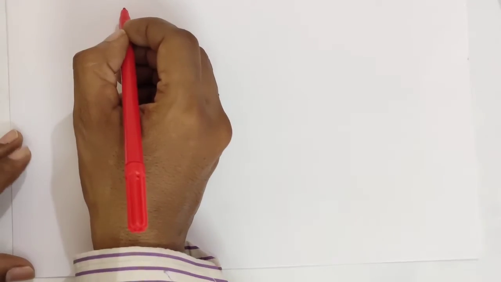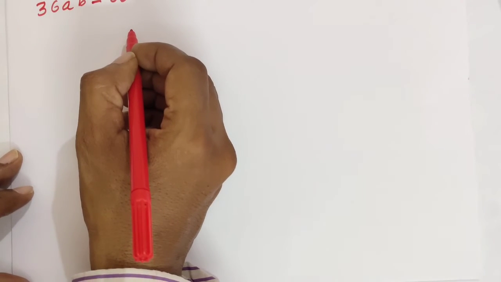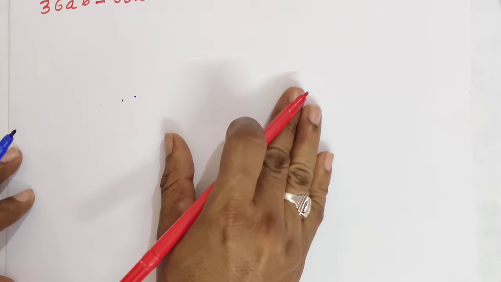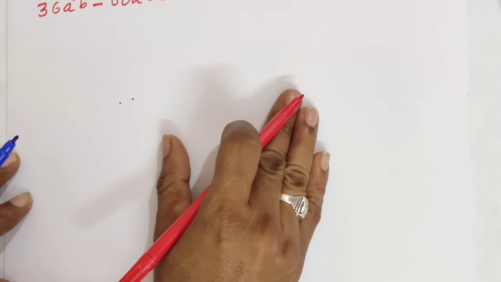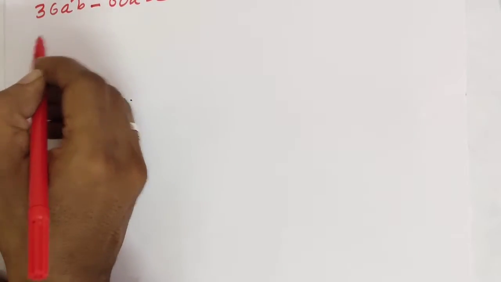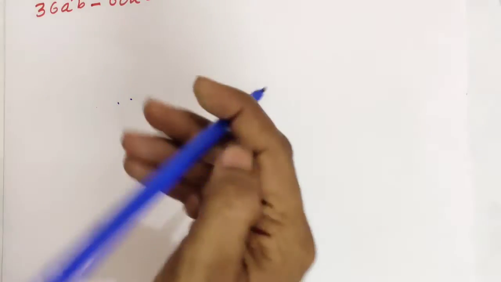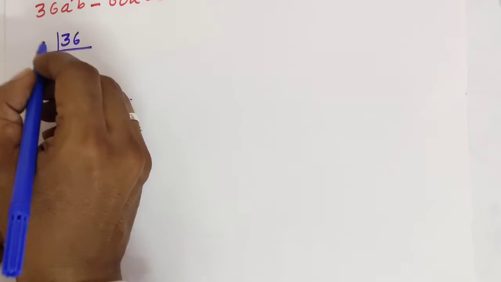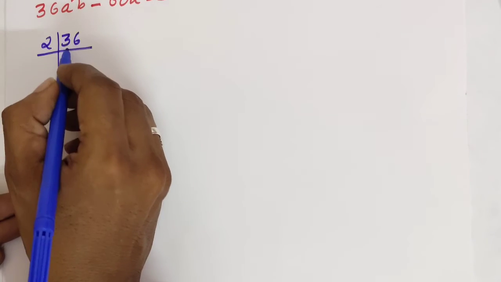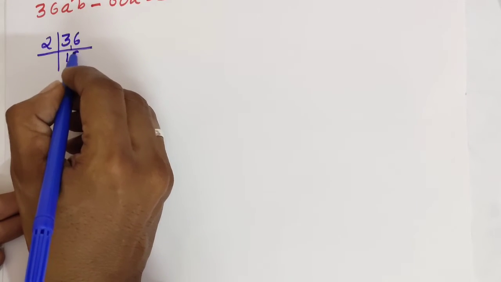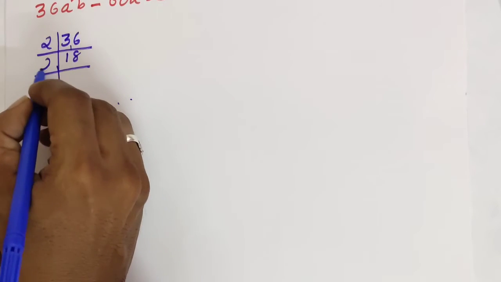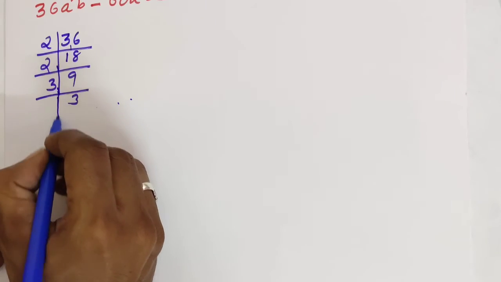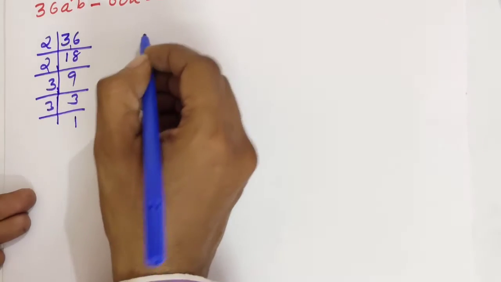Okay children, now here we have 36, which can be factorized by using prime factorization: 2 1s are 2, 2 18s are 36, 2 8s are, again 2 9s are, 3 3s are, 3 1s are.